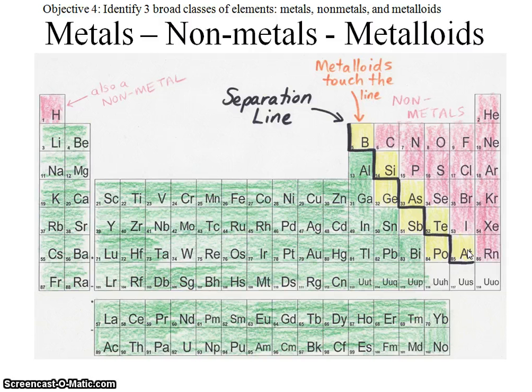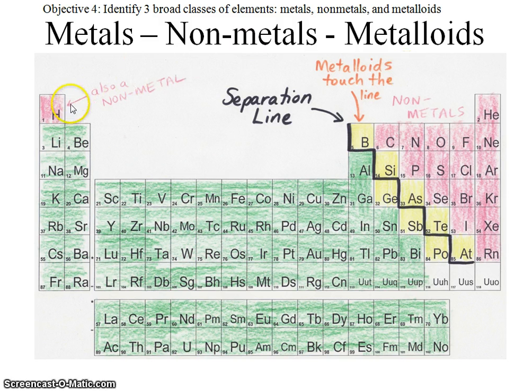So metalloids, having properties of both metals and nonmetals, are boron, silicon, germanium, arsenic, antimony, tellurium, polonium, and astatine. The nonmetals are the elements to the right of the metalloids, from carbon, phosphorus, selenium, iodine, and radon, all the way up to this upper right corner.